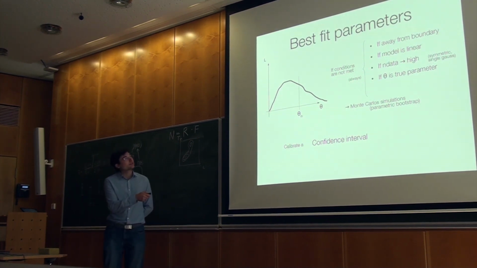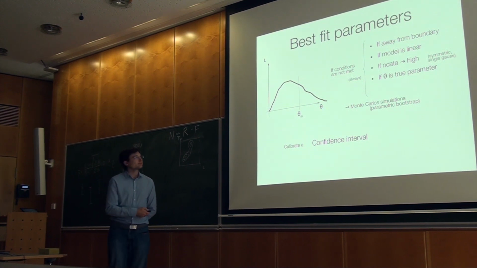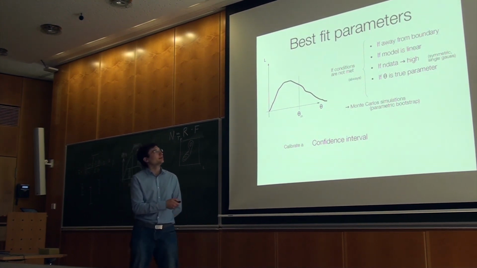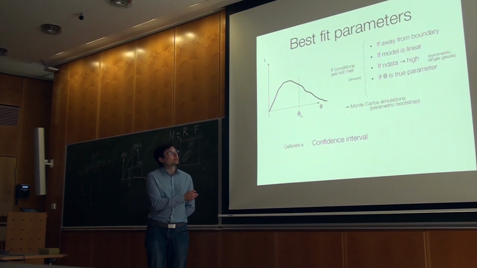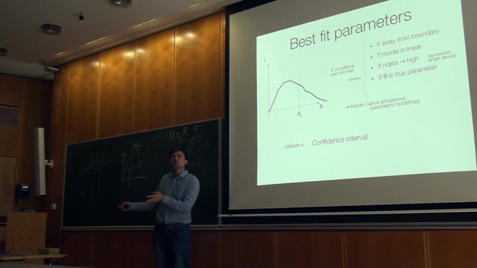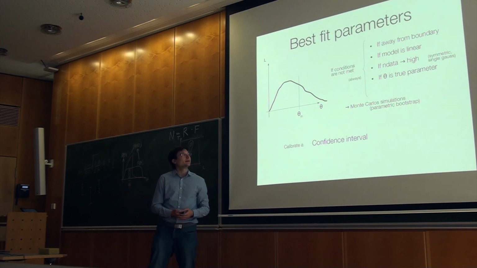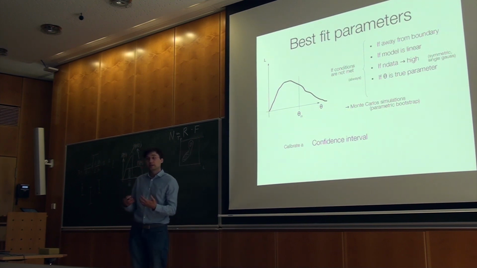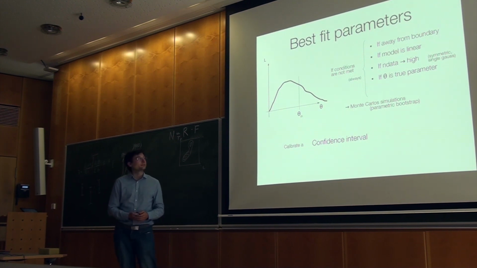If those conditions are not valid, you can still proceed and make confidence intervals. And you do that by actually performing these Monte Carlo simulations. So you take some parameter, you assume that's a true parameter, you make a whole bunch of simulations, and look how your best fits are distributed. And that will tell you how your analysis process is behaving under similar data as the one you're assuming.